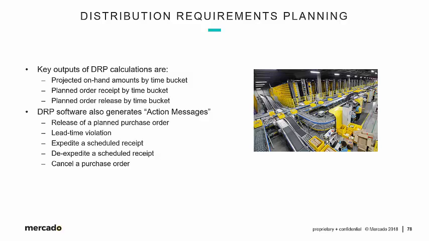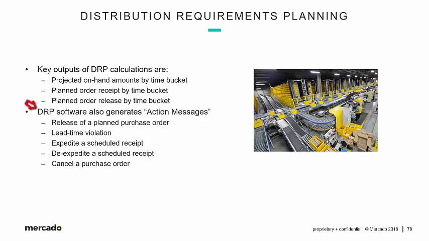What can we plan on receiving out into the future? Because we know we have purchase orders placed on vendors. And then any planned order release by time bucket. A planned order release being an order within our own distribution network to get goods out to the DC that needs it, assuming that there is more than one DC in the network.